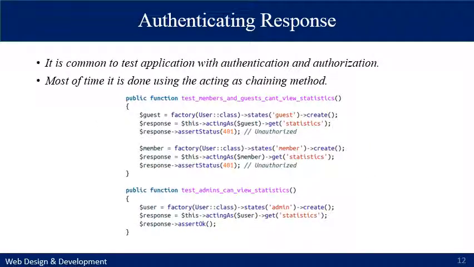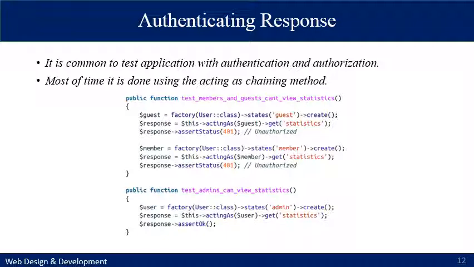You can also use authenticating responses, which is the most common way to test applications with authentication and authorization. Most of the time it is done using the actingAs chaining method.